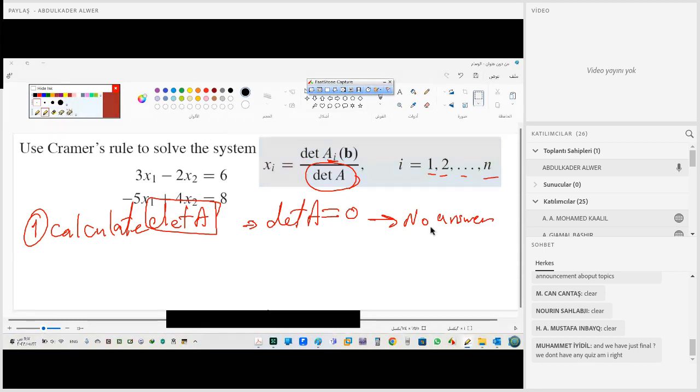This is a trick in the exam. Clear? Take care about this trick.